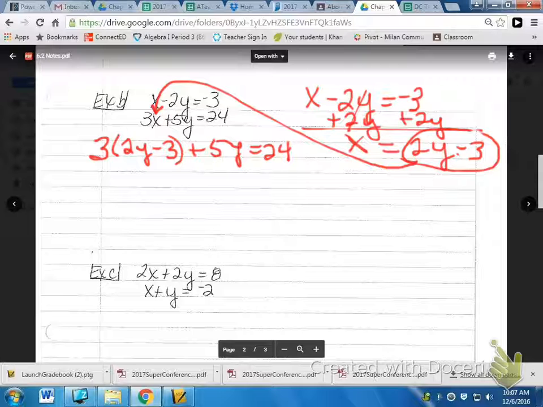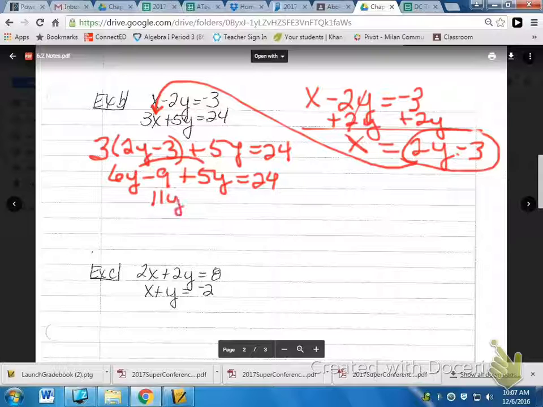And now you proceed to solve by doing distributive first. 6y minus 9 plus 5y equals 24. Combine like terms. The 6y and 5y, 11y minus 9 equals 24.